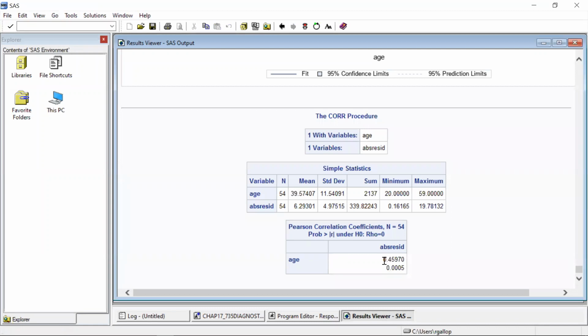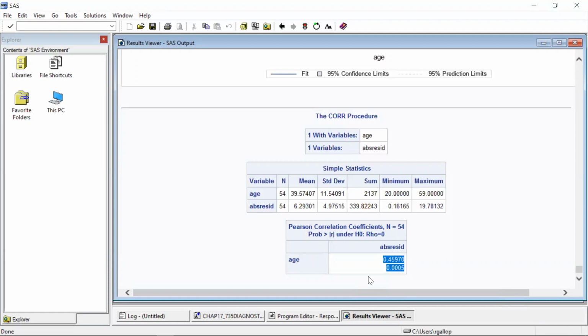The correlation is highly significantly positive. So this means on average, as my age increases, the absolute value of the residuals increases. That's funneling out, right? If the correlation was significantly negative, that would mean as the age increases, the absolute value of the residual is decreasing.